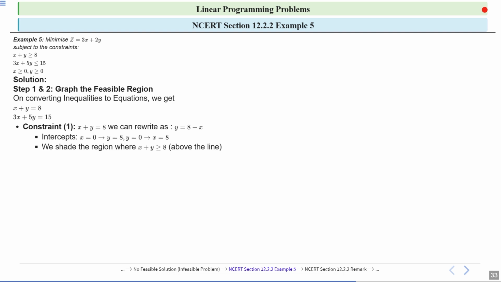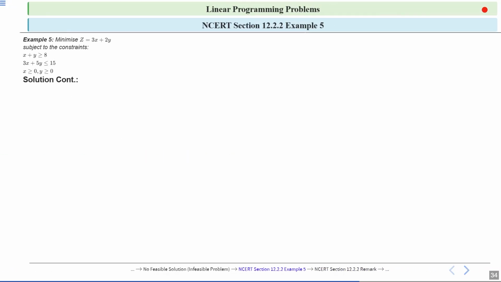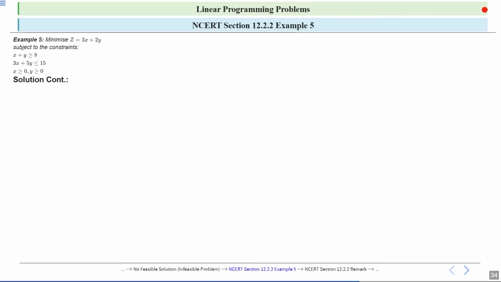So, we set the region where x plus y is greater than or equal to 8 above the line. Now, let's look at constraint 2. 3x plus 5y equals 15. So, here we can rewrite it as y equals (15 minus 3x) divided by 5.